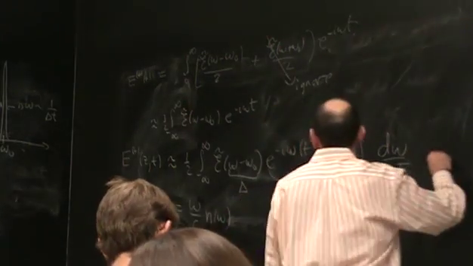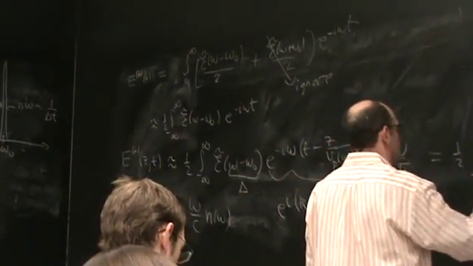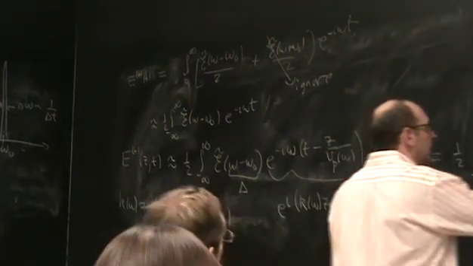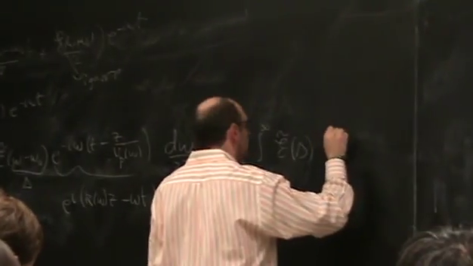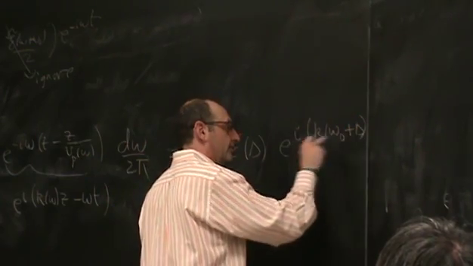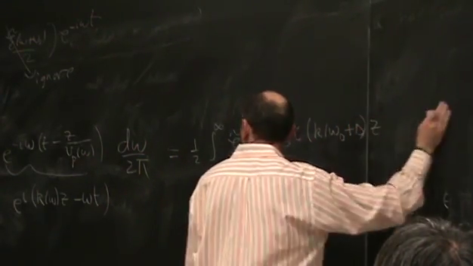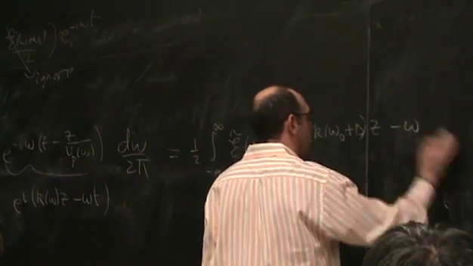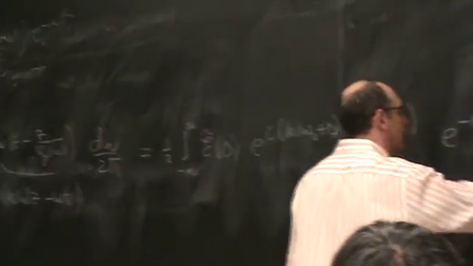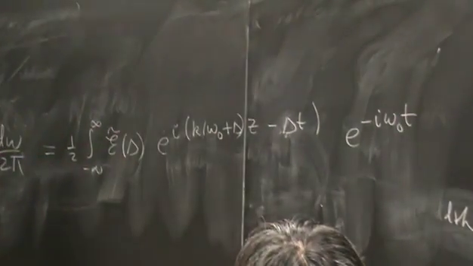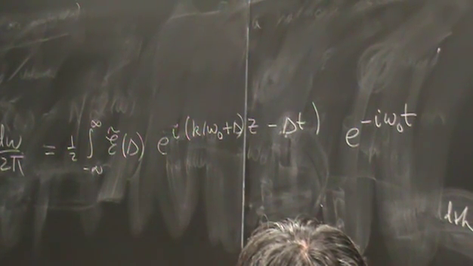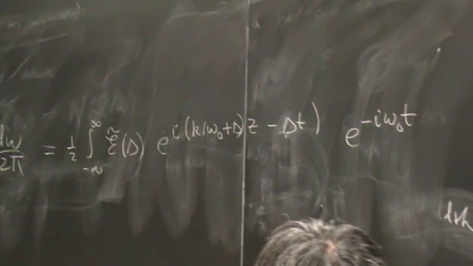Then we can rewrite this as 1/2 the Fourier transform as a function of delta, e to the i k of (omega naught plus delta) times z, minus i delta t minus i omega naught t. Just writing omega equal to delta plus omega naught.